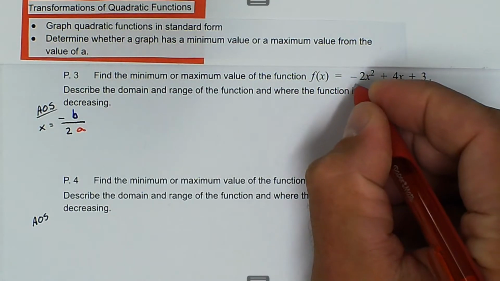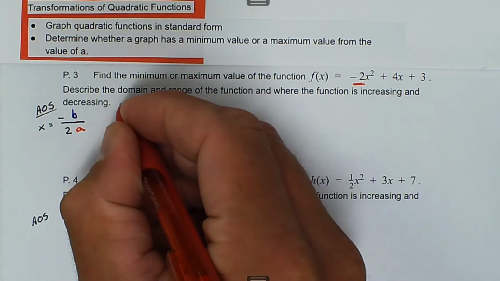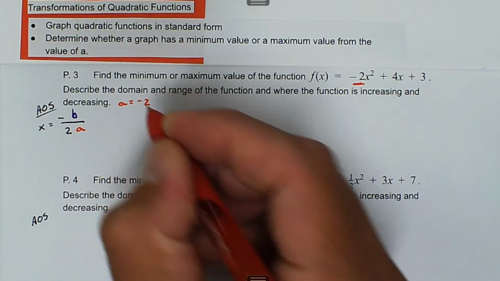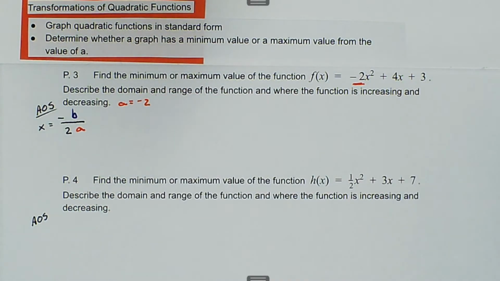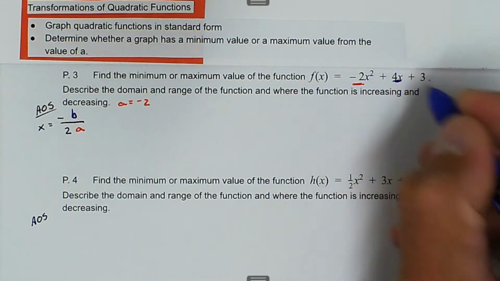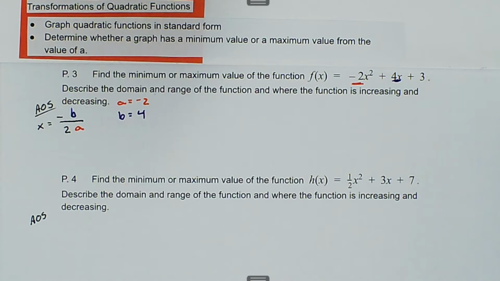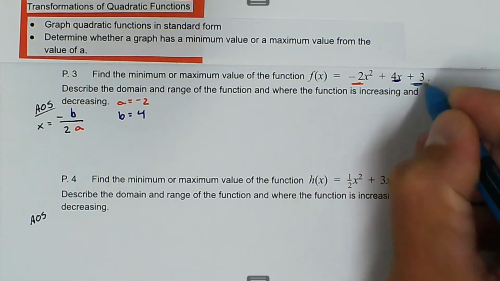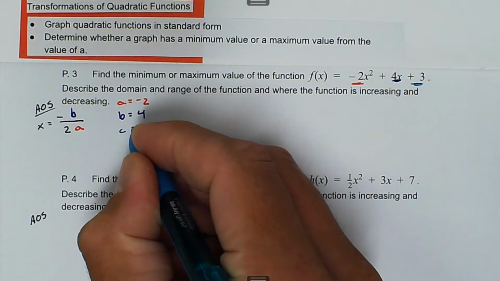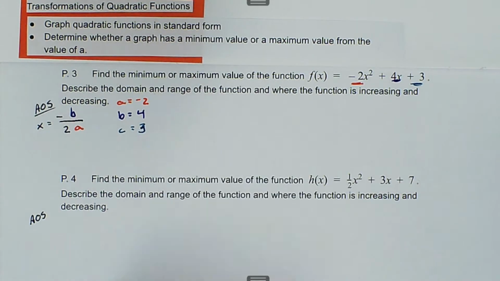From the given function, we know that a is equal to negative 2, b is equal to 4, and c is equal to 3.